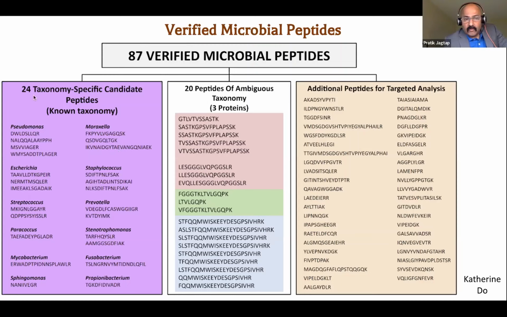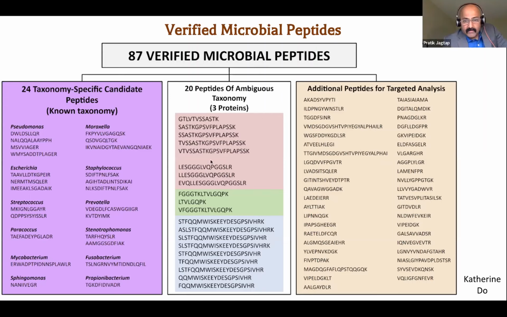There were quite a few peptides, almost 24 of them, which could be assigned to a particular taxonomy, which was interesting. There were some others which could not be assigned to a particular taxonomy, but they were still interesting because some of these actually had signatures which indicated they could interact with host cells. So we are very interested in looking at some of these.